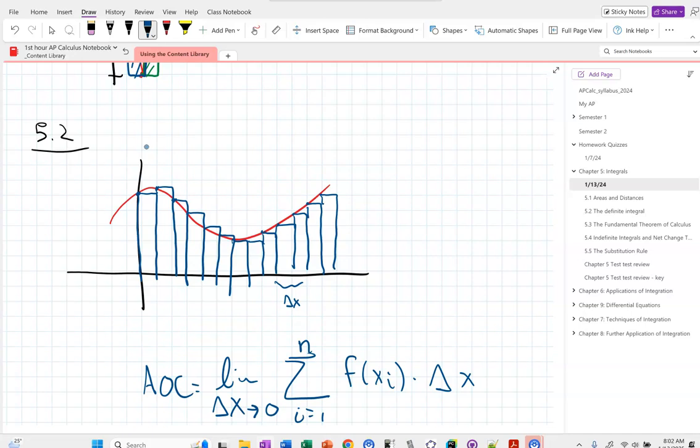Is everybody okay with that idea? That's the takeaway from section 5.2.